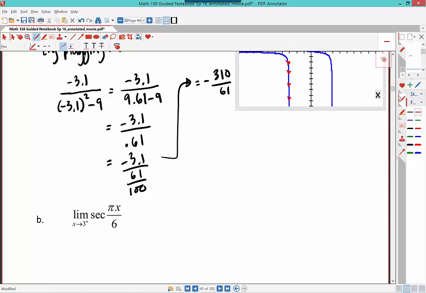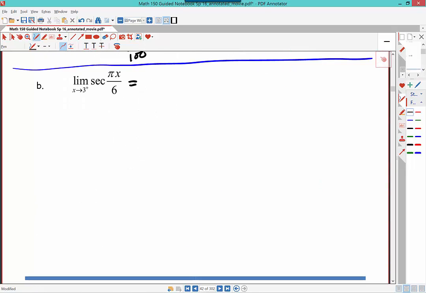So let's try the next one. Let's try direct substitution and see what we get. This would give us secant at pi times 3 over 6, which is secant at pi over 2, which is undefined, right? We have a vertical asymptote there.